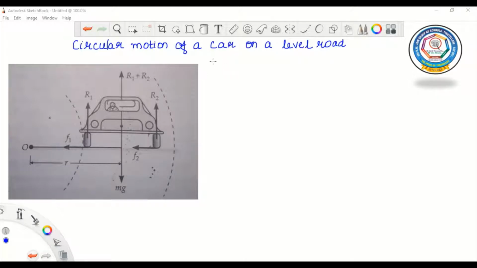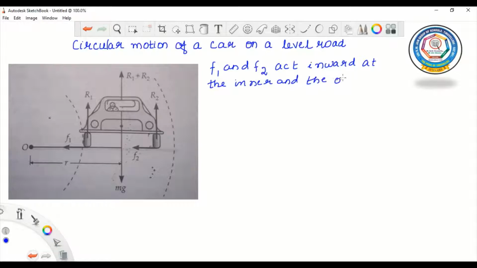So these are the two forces of friction, that is F1 and F2, which act inward at the inner and outer tires respectively.